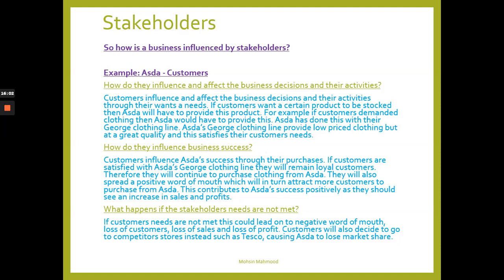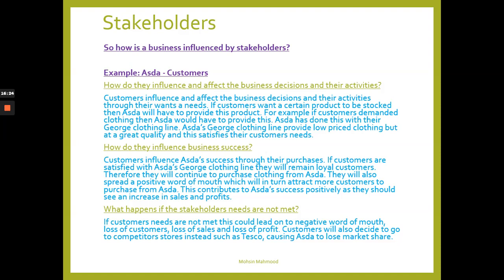Now, how do they influence business success? So that first paragraph shows us how customers influence business decisions. Customers want a certain product, so the business decision was to provide that certain product, through launching the George clothing line. Now, the second question says, how do they influence business success?